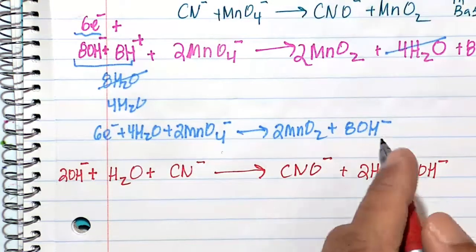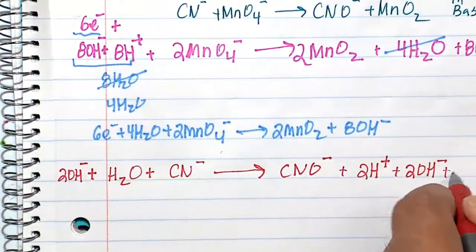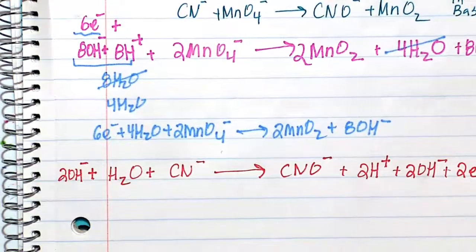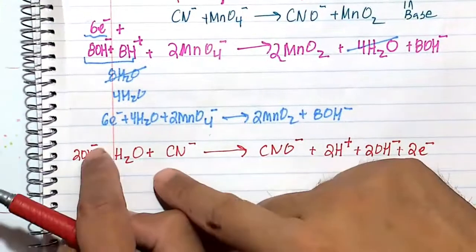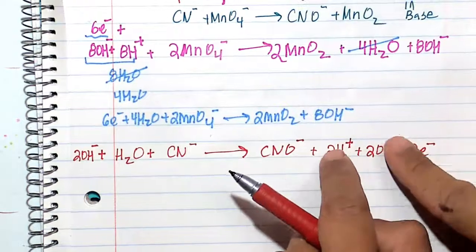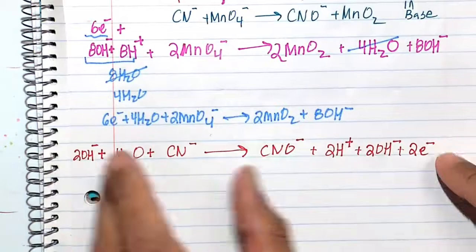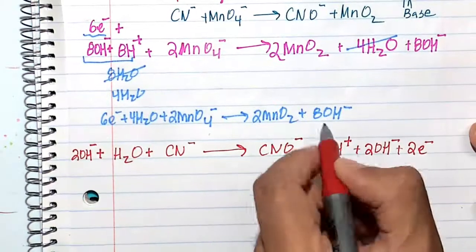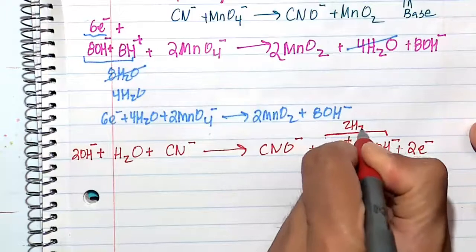So balancing the charge here, this is minus 2 minus 1 is minus 3, and this is minus 1. If I put 2 e minuses on the product side of the ledger, I will balance my charge. So minus 2 minus 1 is minus 3. Plus 2, minus 2 cancel each other out. Minus 1 minus 2 is minus 3. So minus 3 here, minus 3 here. This 2 H plus 2 OH minus is 2 H2O.